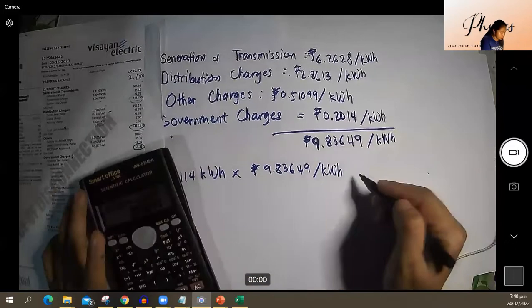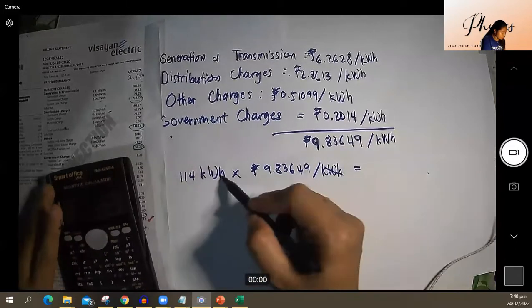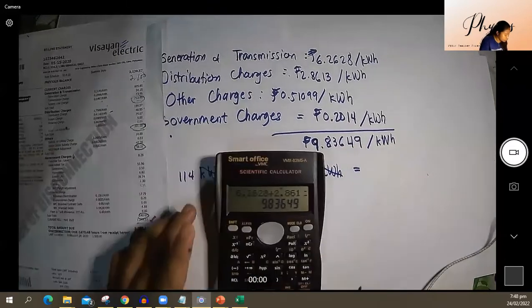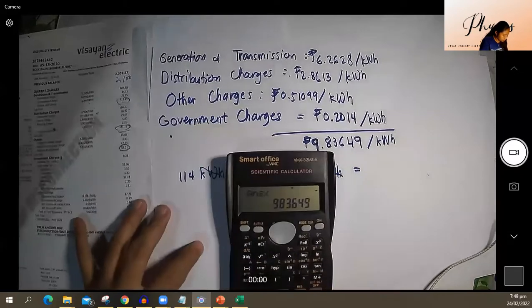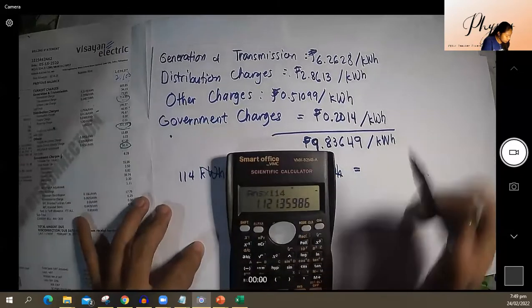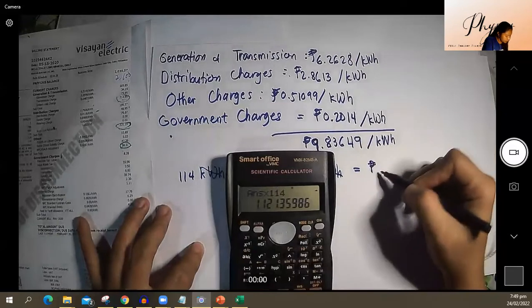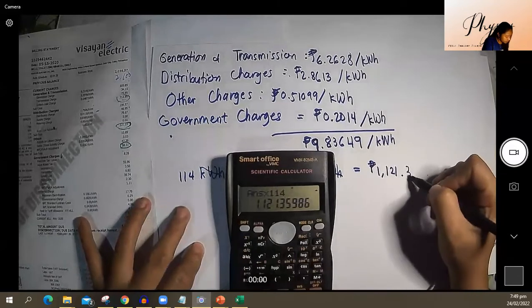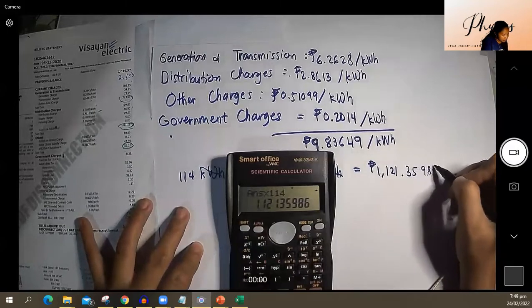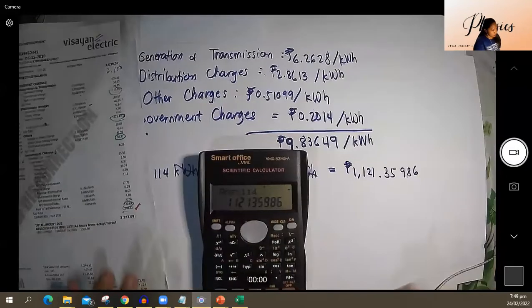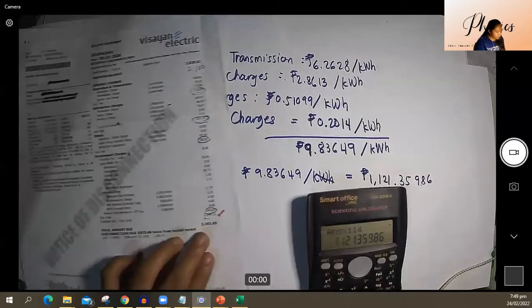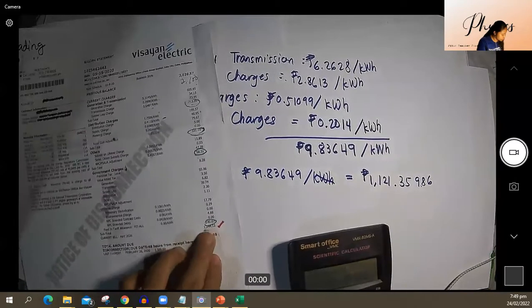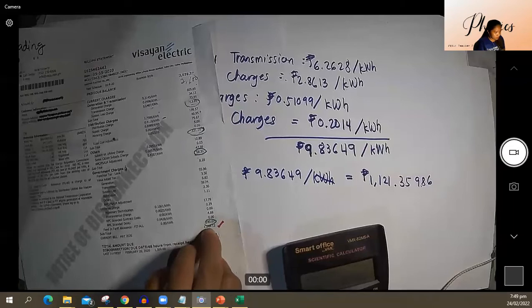And let's check the answer. Multiplied by 114, we have 1,121.35986. Okay, so we are already close to what we have in our electric bill, which is 1,244.